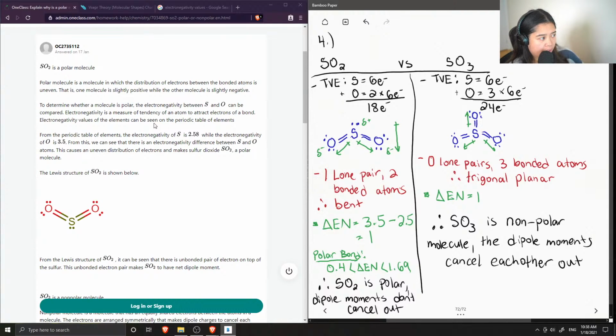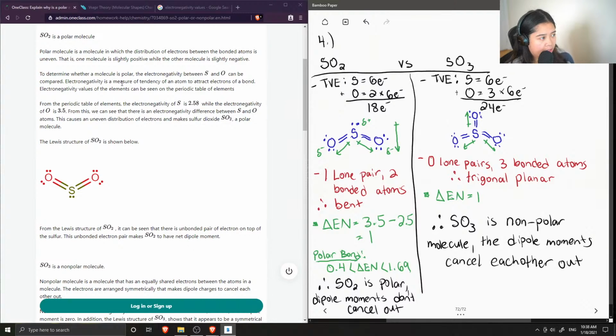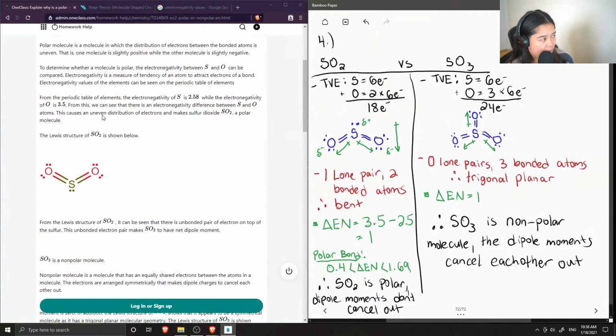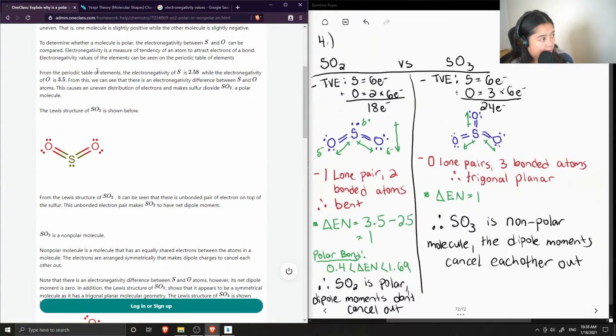To determine whether a molecule is polar, the electronegativity difference between sulfur and oxygen can be compared, which is a measure of the tendency of an atom to attract electrons of a bond, and they can be seen on the periodic table of elements. Well, sometimes. And from the periodic table, the electronegativity of sulfur is 2.58, while for oxygen, it's 3.5.